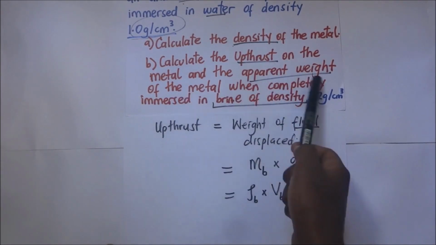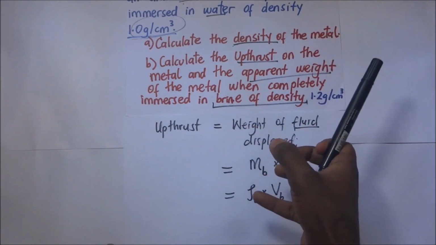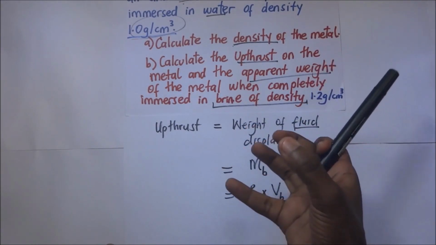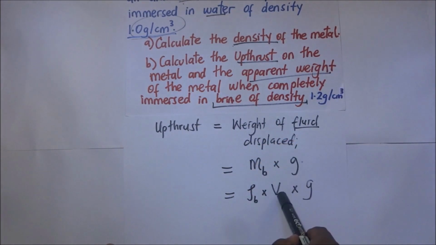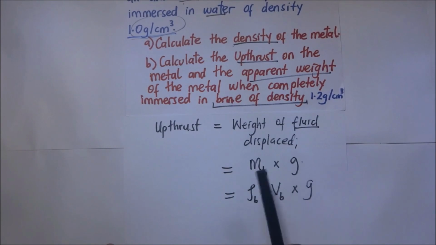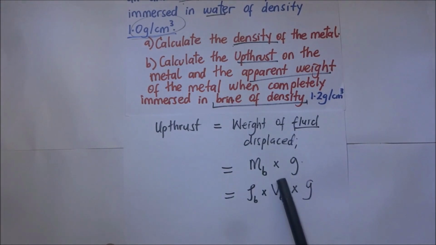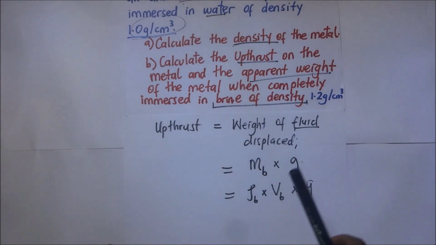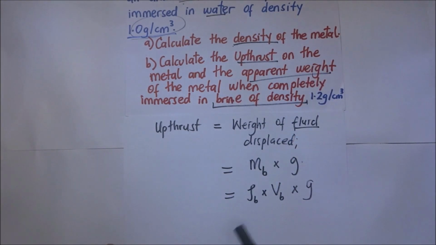Being completely immersed means that the total volume of the metal was immersed in brine, and so the total volume of the metal is equivalent to the volume of the brine that was displaced. The volume of the brine that was displaced is equivalent to the volume of the metal that displaced the brine in the first place. So this is simple.